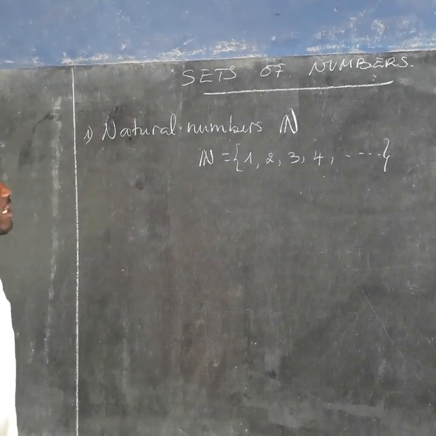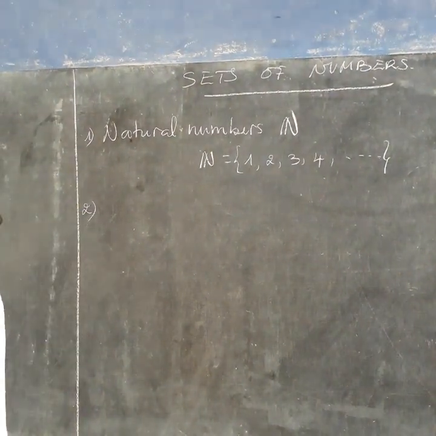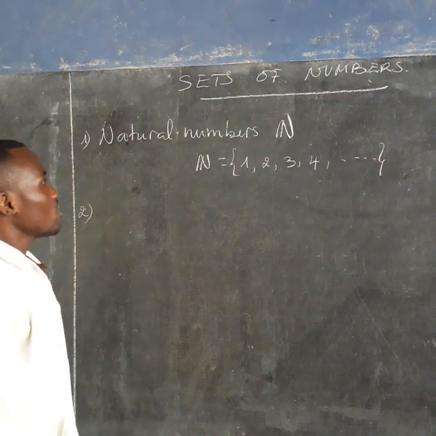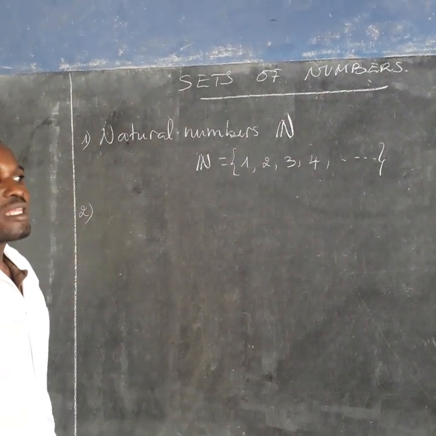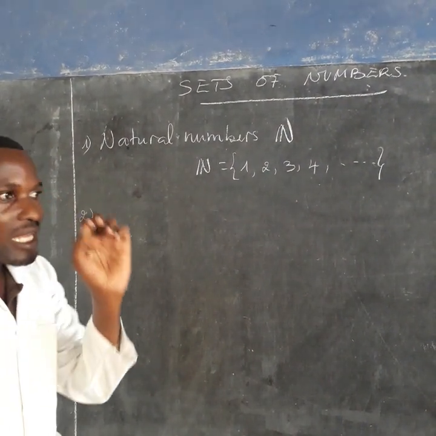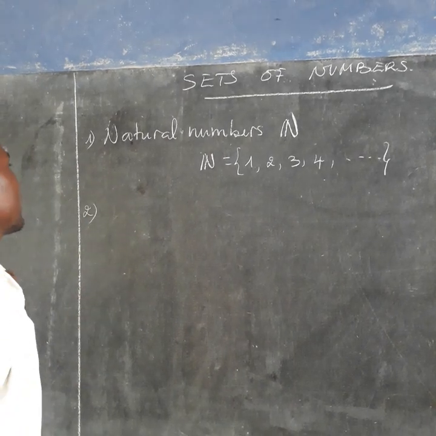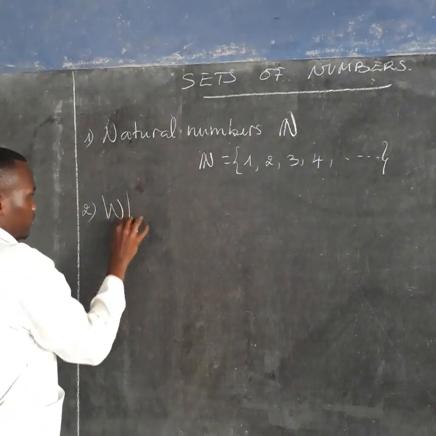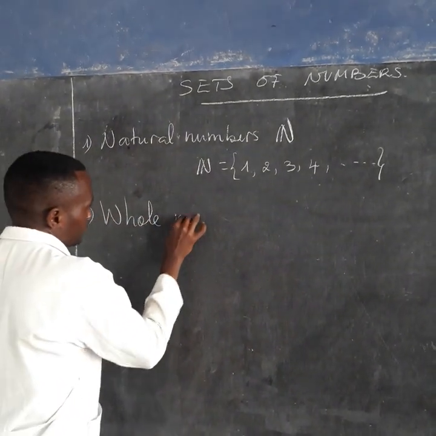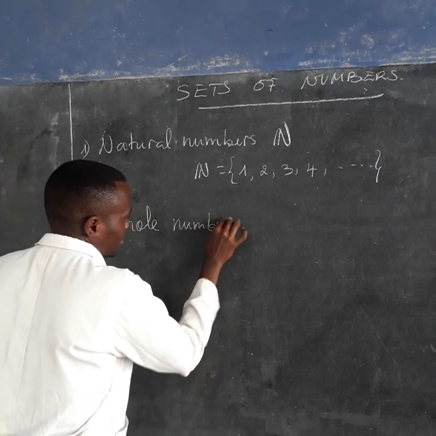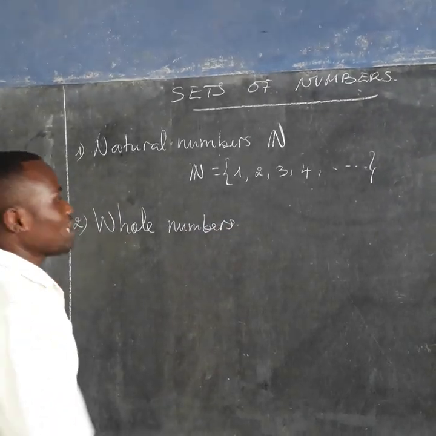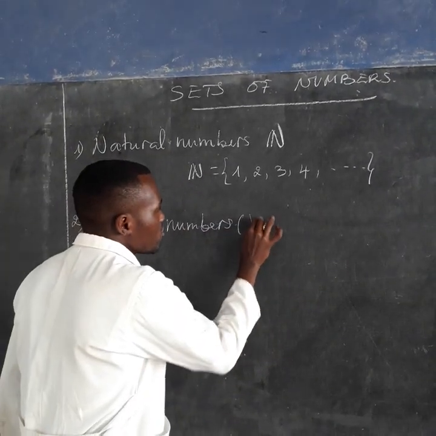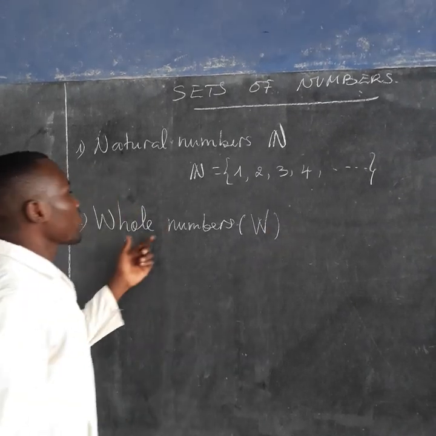as the first set. The second is a set of whole numbers. When we say whole numbers, they are numbers which do not contain a decimal point. The set of whole numbers. Its abbreviation, we use W to symbolize whole numbers.